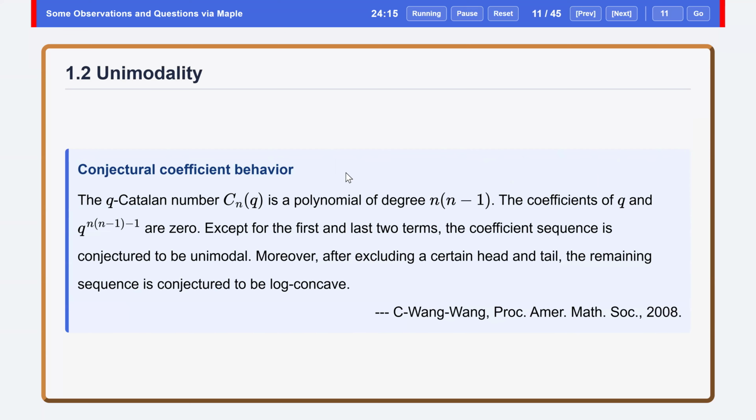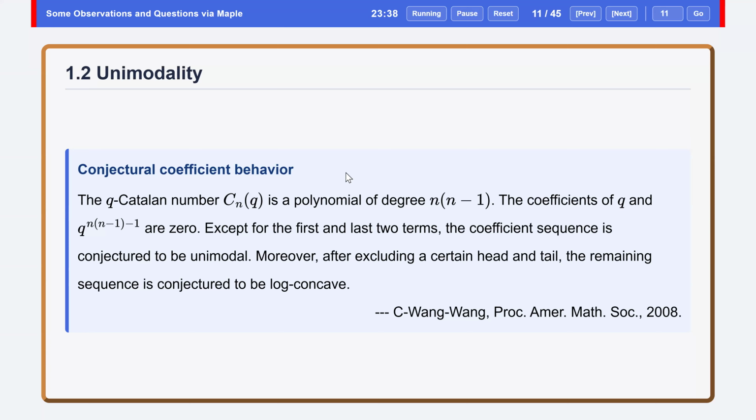For q-Catalan numbers, we may consider the unimodality of the coefficients. We observe that, excluding the first and the last two terms, whose coefficients are 0, the coefficient sequence is conjectured to be unimodal.